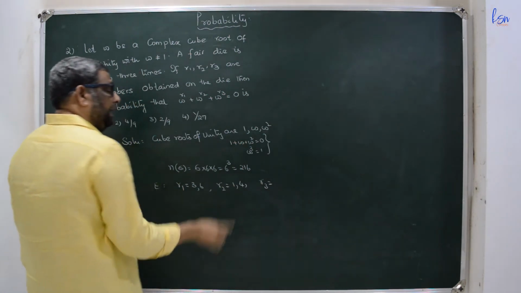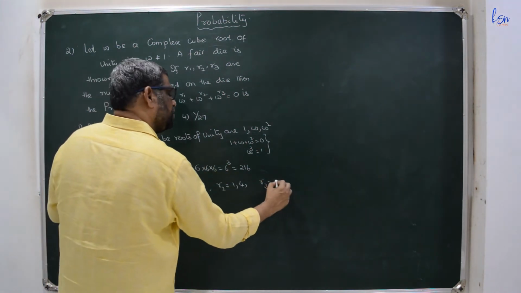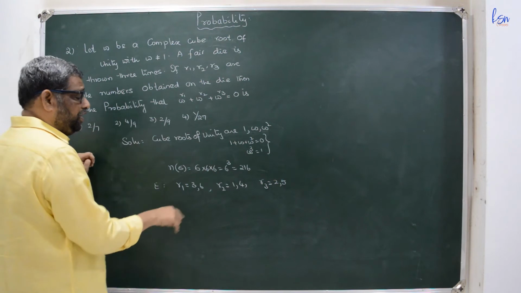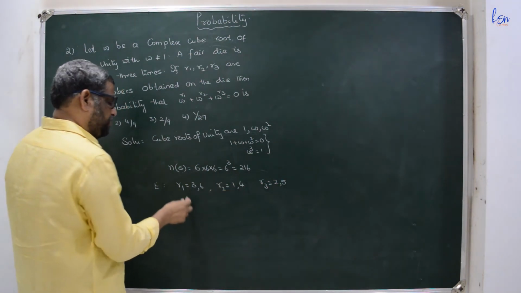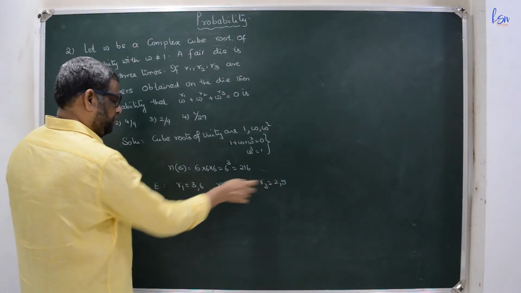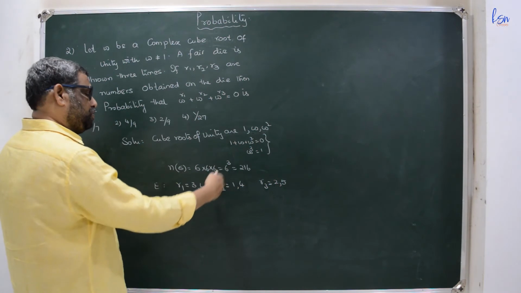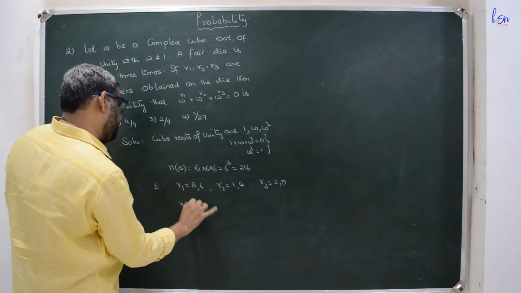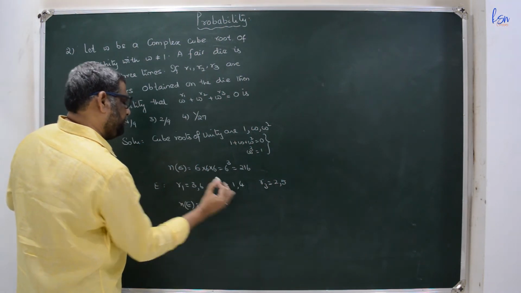R3 is the number which will leave the remainder 2 when divided by 3: 2 comma 5. So with these numbers you can prepare different combinations: 3, 1, 2; 3, 1, 5 like that. So you will find 2, 2, 2. So n of E is equal to, in every case 2 chances are there, 2 into 2 into 2.